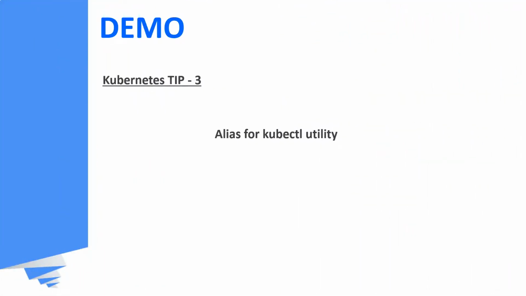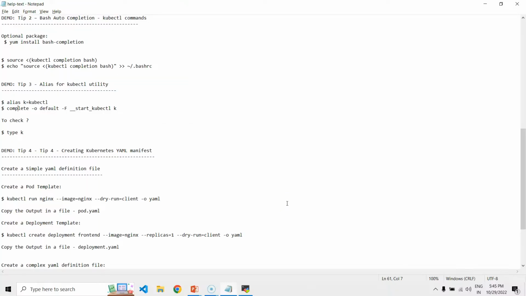Now we will see a demo on how to set up an alias in a Linux Bash environment. Now we will see how to set an alias for kubectl and to configure auto-completion for that alias as well.